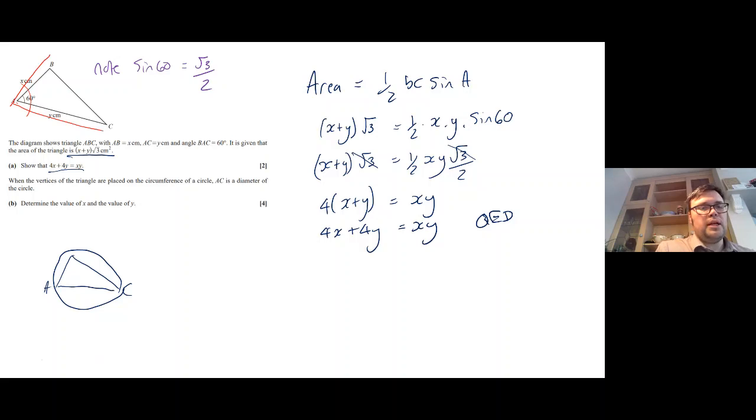At point B, you can remember your circle theorems: when the third point touches the circumference, it makes a 90-degree angle. If I turn it on its side, I've got this triangle here at 90 degrees. I've got AB as X, AC as Y, and the angle there, which is 60.